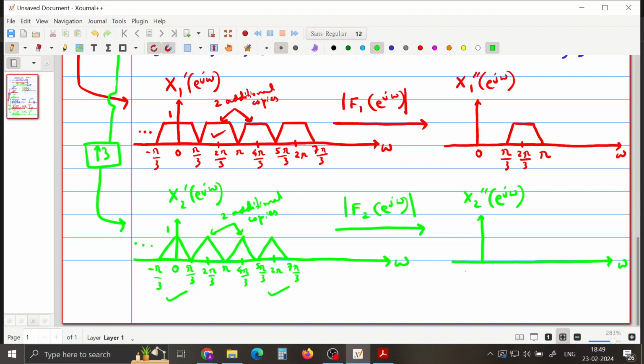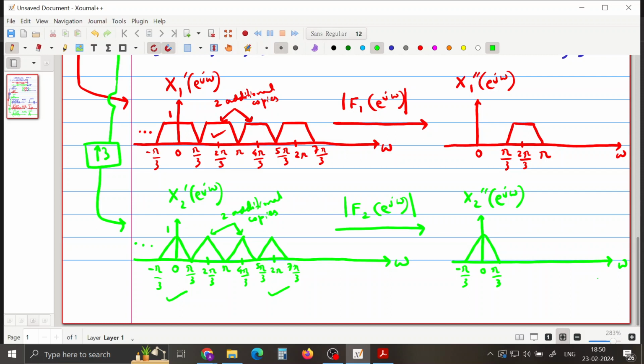Okay, so at the output you will have this. So this copy is selected. Height again we don't know, it depends on the amplitude of the filter. And again the last copy which is centered at 2 pi.